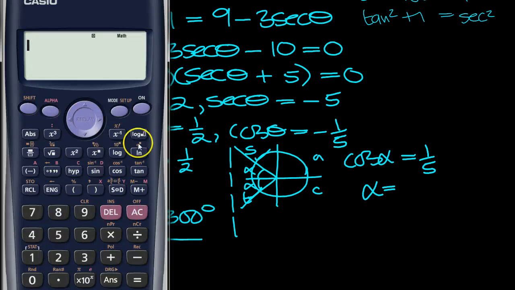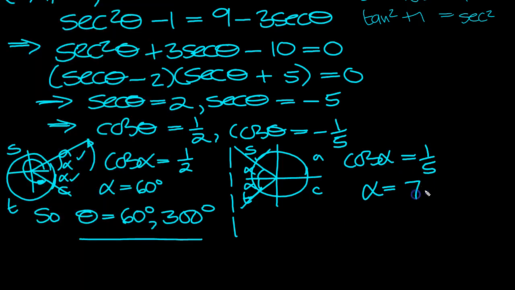Okay, so let's have a look at that then. So as inverse cos, we need to be in degrees mode of a fifth, or 0.2. That's 78 to the nearest 0.1, which is 78.5. But I'm going to keep it more accurate at the moment. 78.463.